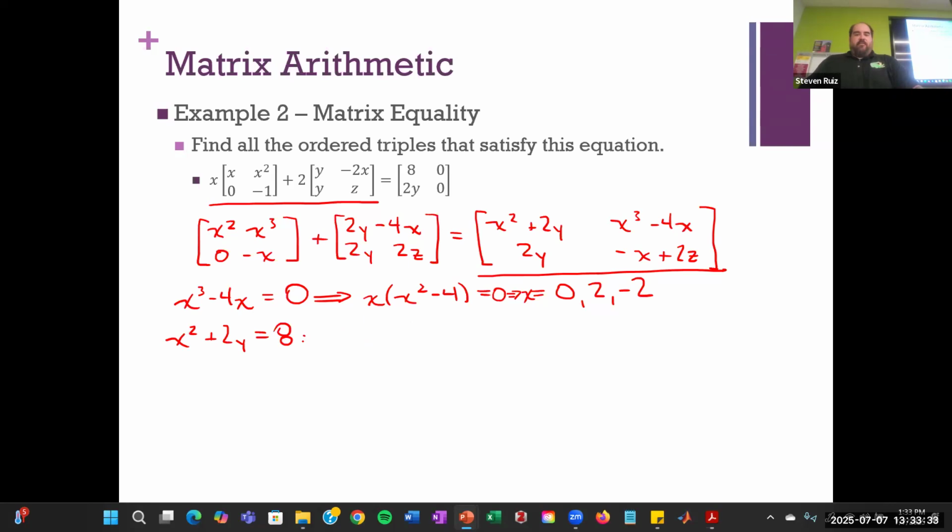So if x equals 0, what is y? y equals 4. If x equals 2, I don't think it matters if it's plus or minus 2, right? Then y is equal to 2. All right. So I think I have some conditions for x and some conditions for y. What about z?